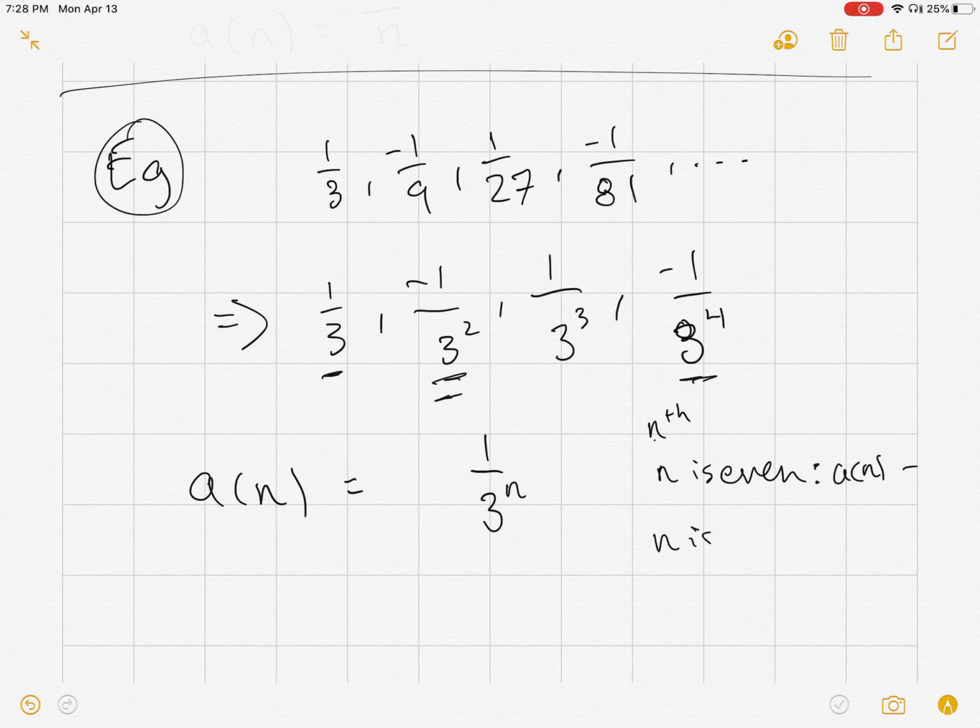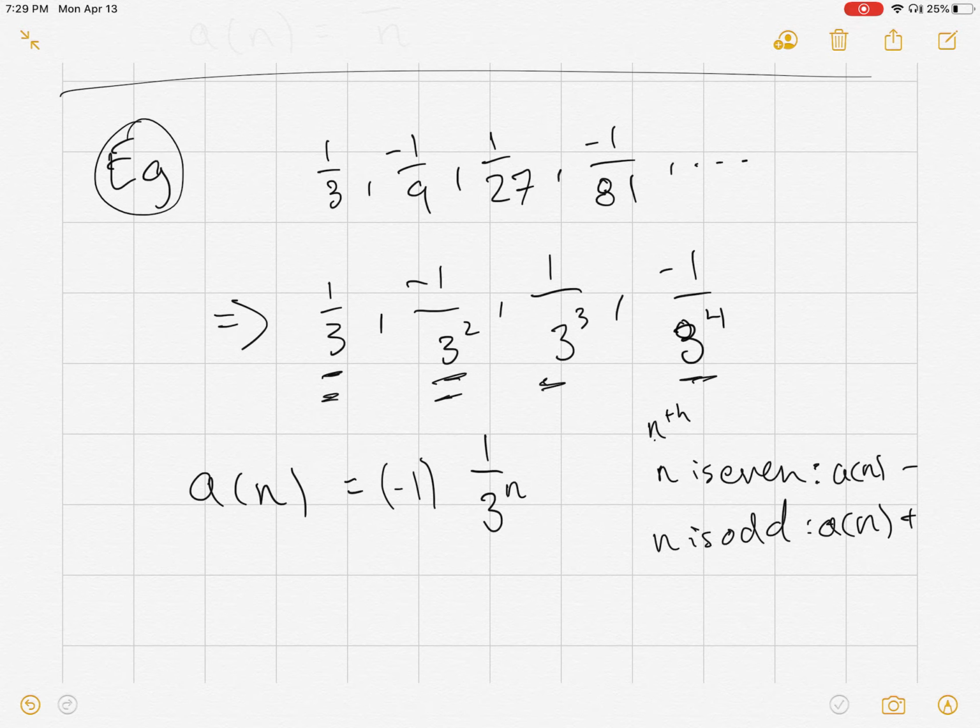And when n is odd, so our first term, our third term, a of n is going to be positive. So what I'm going to do to represent that in our explicit formula is take a -1 out front, and then raise it to a power that's related to our n, but makes it so that when n is even, it is raised to an odd power, and when n is odd, it is raised to an even power.